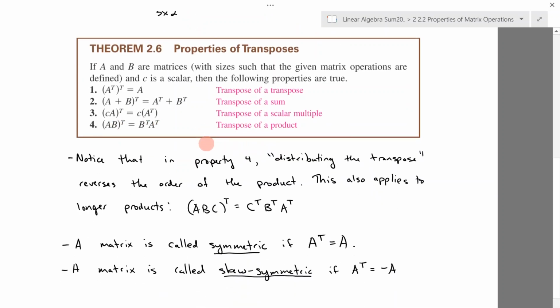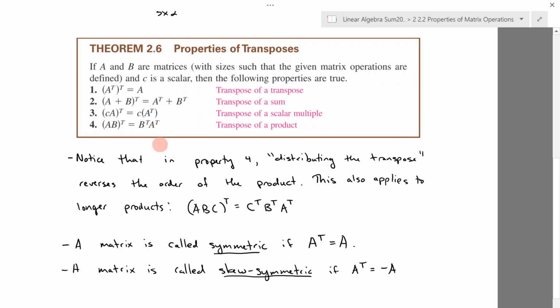And then the transpose of a product, this one you have to be a little bit careful about. If you take the transpose of the product AB, it is the product of the transposes, but the order reverses. If you multiply first and then take the transpose, you have A on the left and B on the right. If you take the individual transposes first and then multiply, now B is on the left and A is on the right.